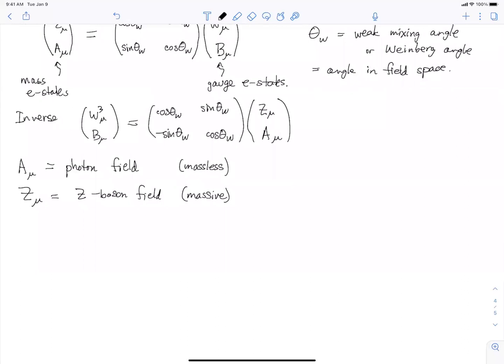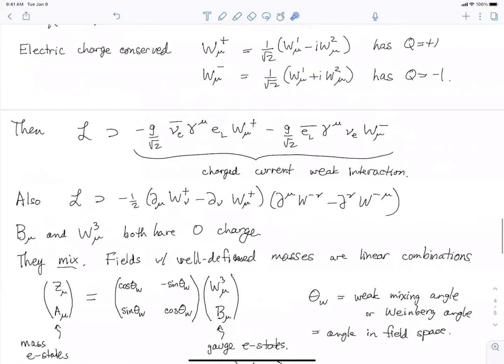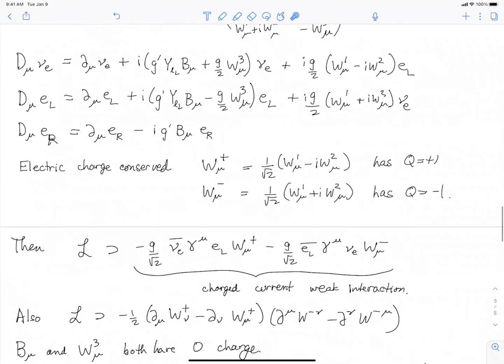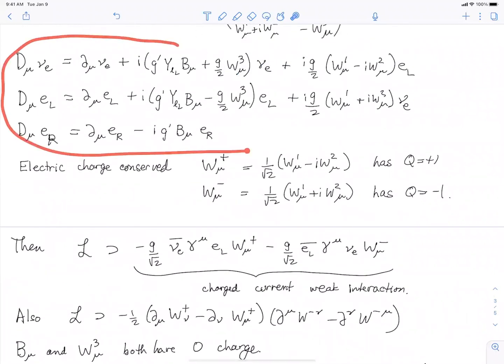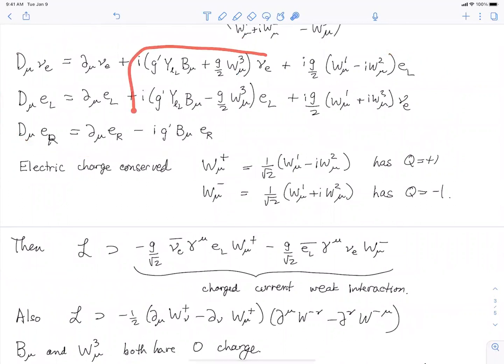And now let's think about, in terms of these fields, what are the interactions of the fermions that come from these covariant derivatives? And it's specifically really from these parts, because those are the parts that involve B and W3.